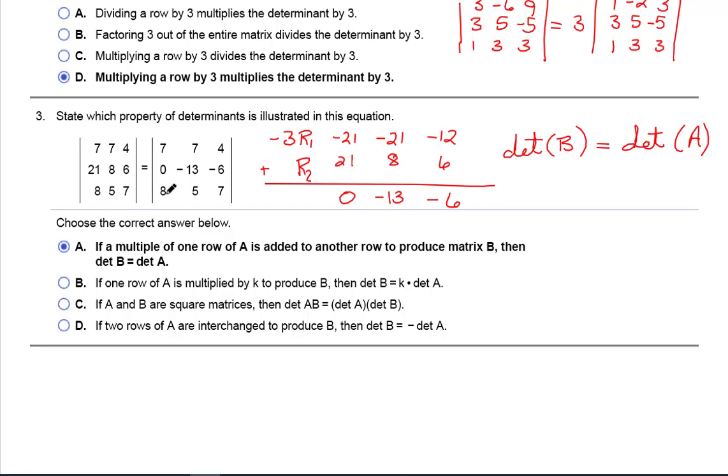But by doing that, I have not changed the determinant. It's only if I swap two rows or if I multiply a row by a scalar that I change the determinant. But adding two rows together to make a new row does not change anything.